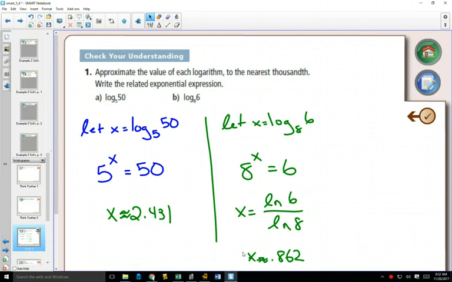So it's pretty straightforward. Okay, we're not going to do these questions right now, but 3, 4, and 5.